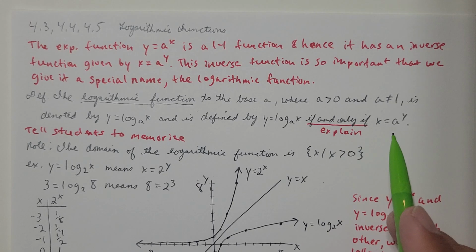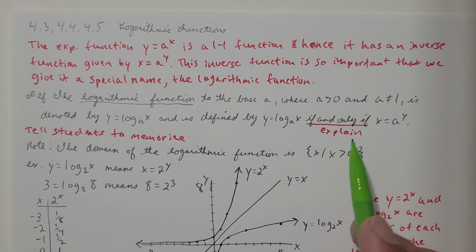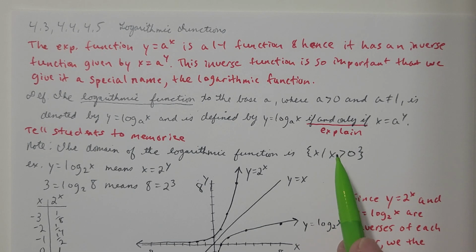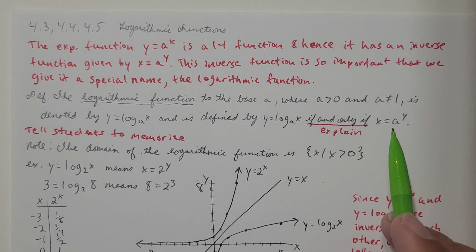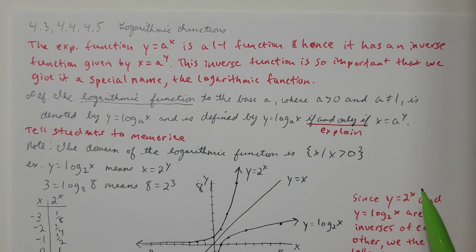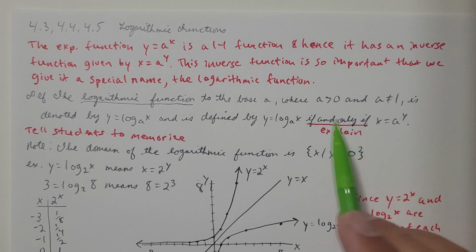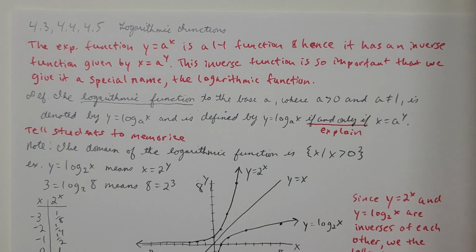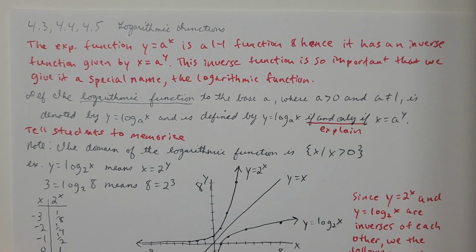Like, so read it normally, beginning to end. Another way that I could read it though, and have it still be true, is to read it end to beginning. Okay, I could say if x equals a to the y, then y equals log base a of x. Okay, that means the same thing. So that's basically what the phrase if and only if means.